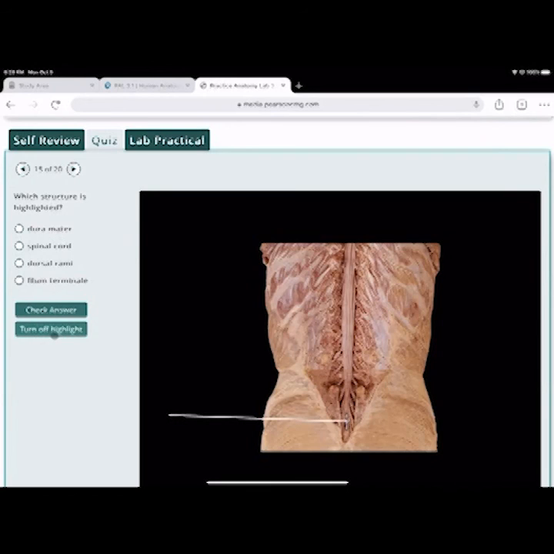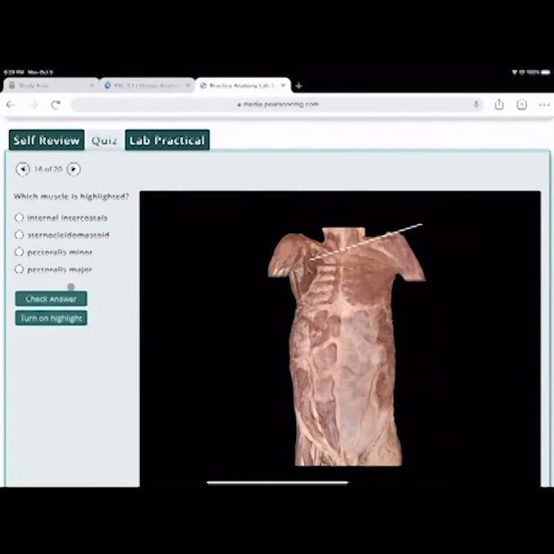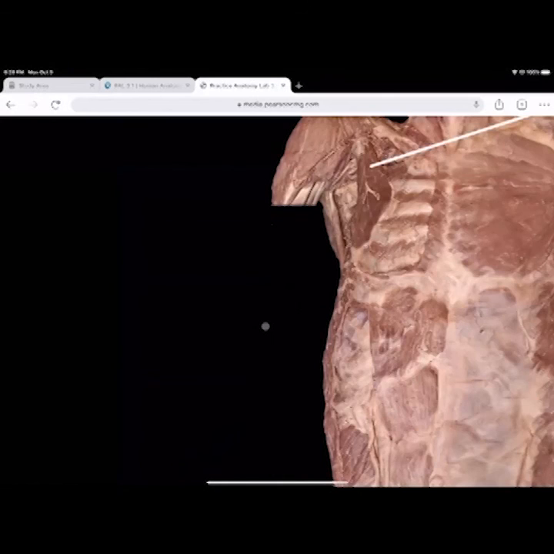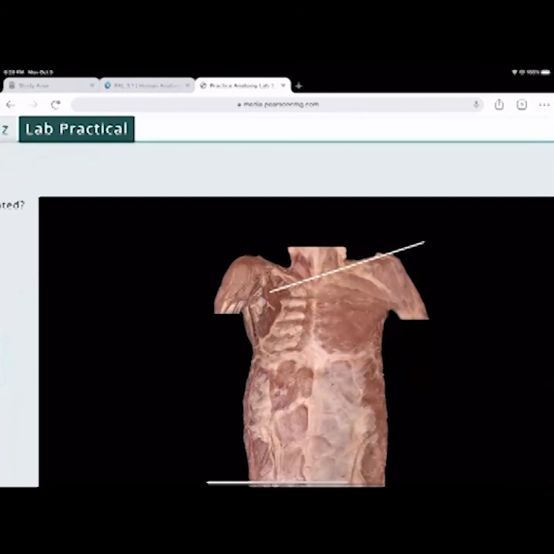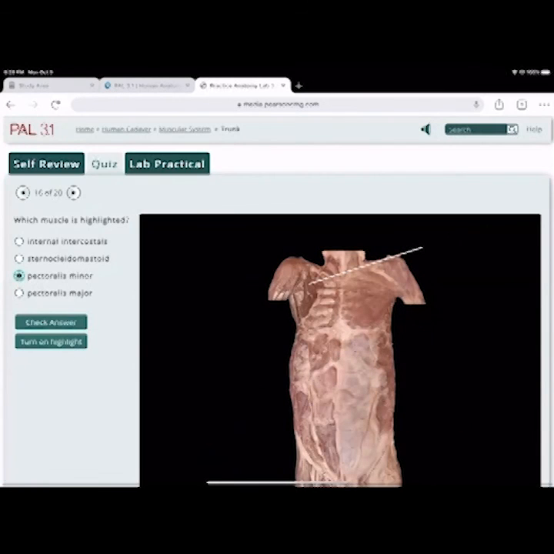It's the end of the spinal cord, at the very end of the spinal cord. Yep. Perfect. All right, that muscle right there. Pectoralis minor. That's what it looks like. Looks like the pectoralis major cut away. That looks like the pectoralis minor. Yep. I don't think they'll argue with that one. There you go.